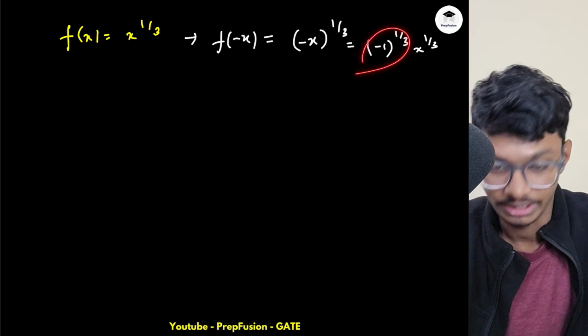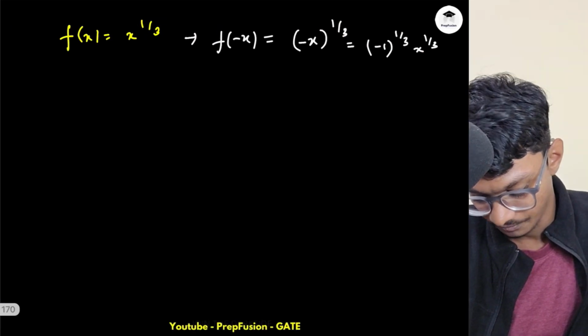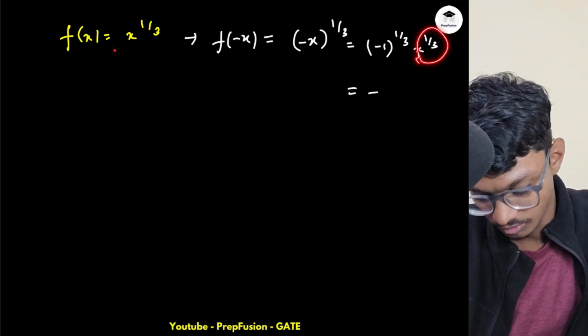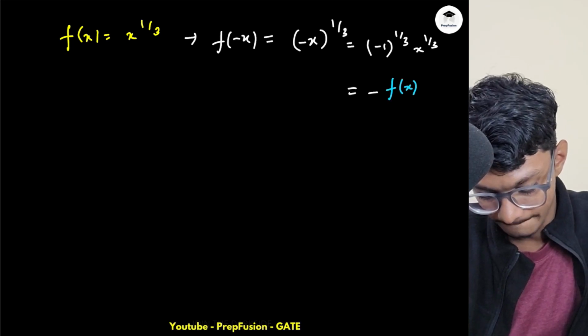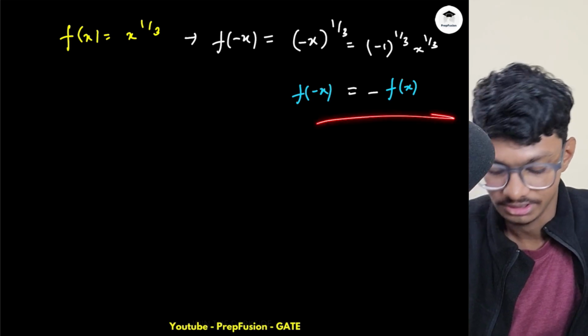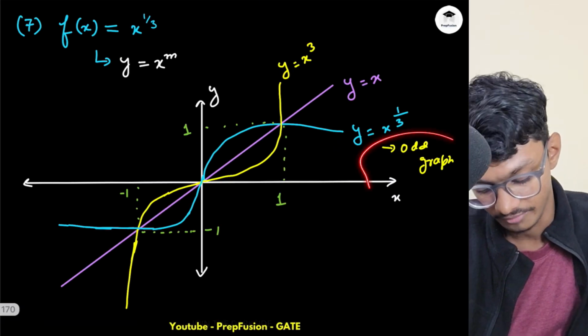What is the cube root of -1? It is -1 itself. So I simply replace this with -1, and x raised to power 1 by 3 is f of x. So f of minus x equals minus f of x. That means this is an odd function, so that's why I have written this is an odd graph.